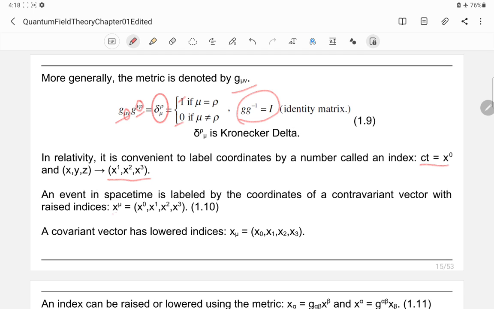This one is a contravariant when the index is an upper index, and if it's a lower index, you have a covariant vector. This is also very important, contravariant and covariant. So your mu runs from 0, 1, 2, 3. So 0 is always for the time coordinate, and 1, 2, 3 are for the space coordinates.